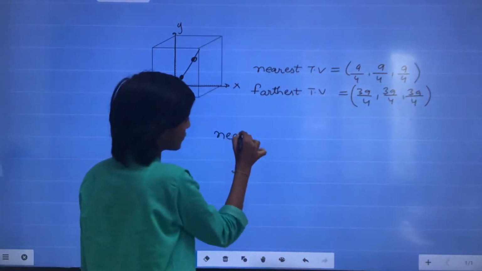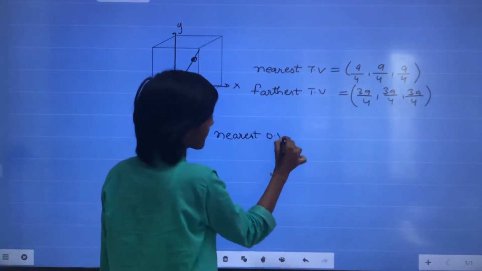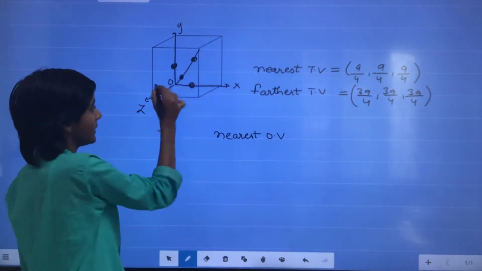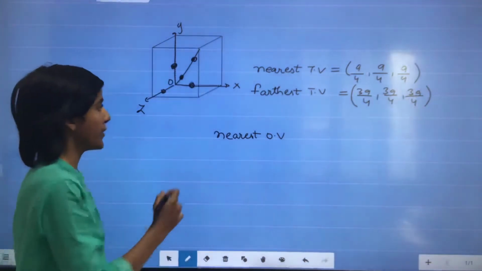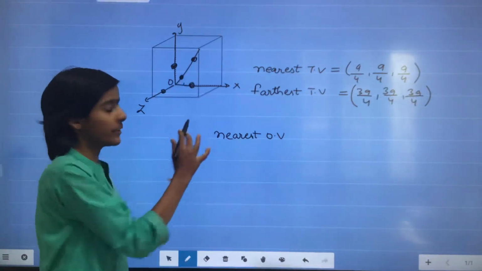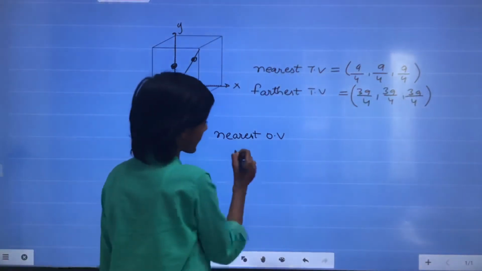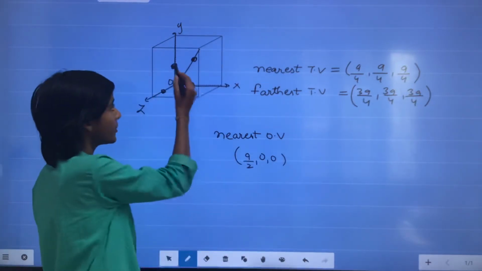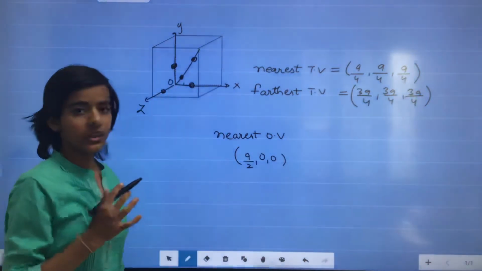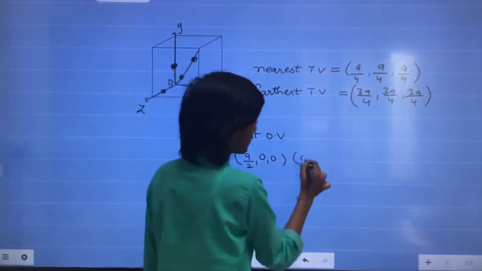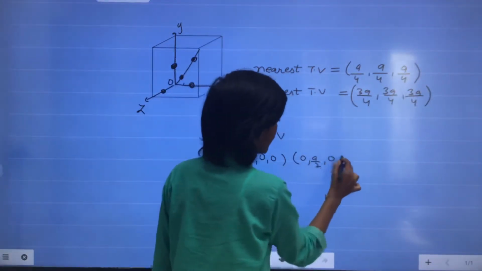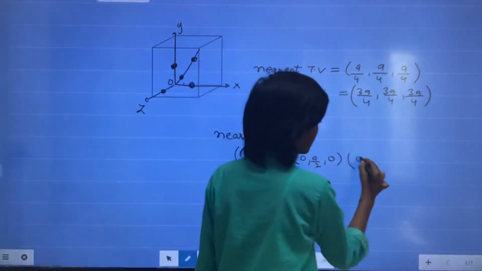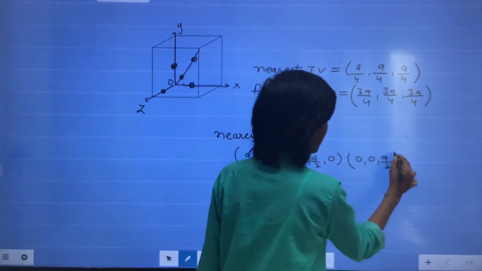The nearest OV are these 1, 2, and 3. These are the 3 nearest OV. The coordinate of this OV on the x-axis is a/2, 0, 0, and the coordinate of this nearest OV is 0, a/2, 0, and the coordinate of this OV on the z-axis is 0, 0, a/2.